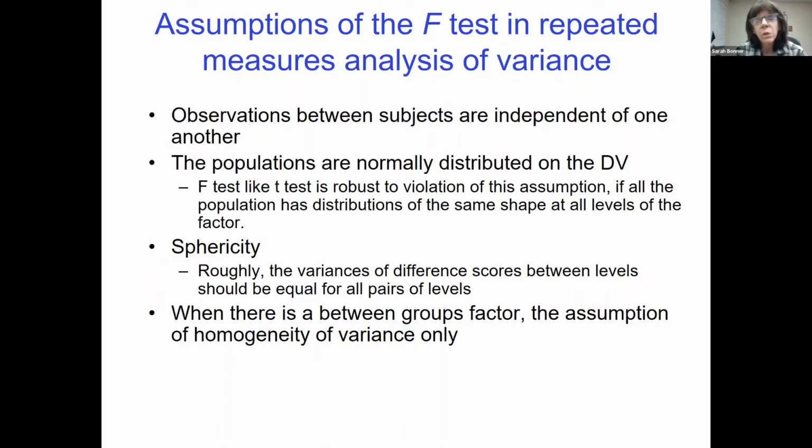So the distribution of the differences between dose 1 and dose 2 should be equal to the distribution of the differences between dose 1 and dose 3, and the distribution of the differences between dose 2 and dose 3, and those would be all for our particular study. You will have the homogeneity of variance test when you have also between groups factors, and we'll look at that in another video.